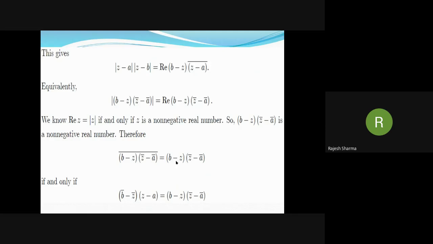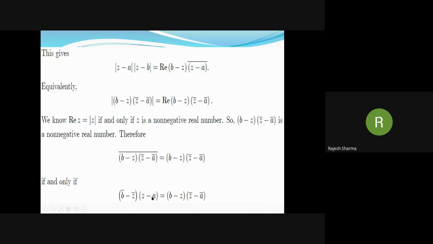So we have this equation, and on simplifying we have this equation, because the conjugate of B - Z is B conjugate minus Z conjugate, and the conjugate of Z - A is Z conjugate minus A conjugate.